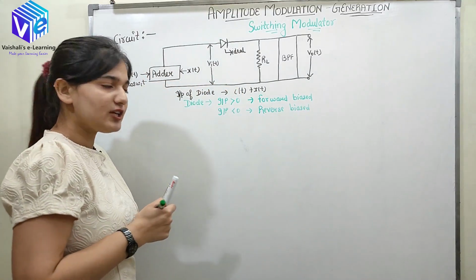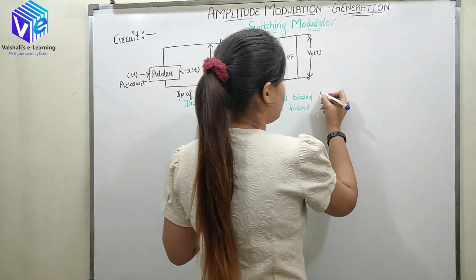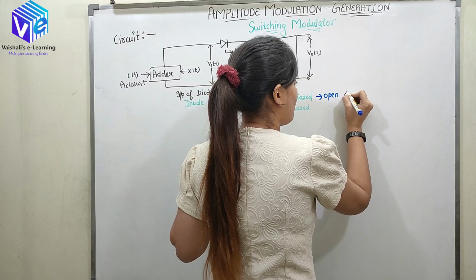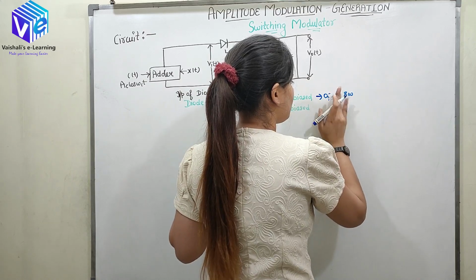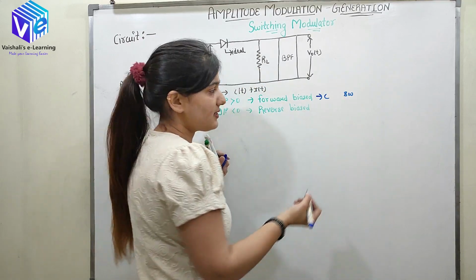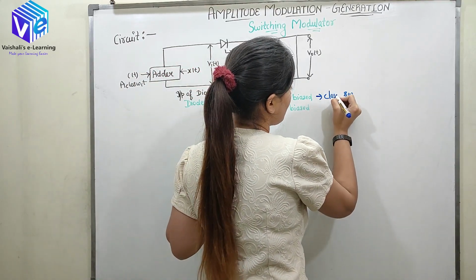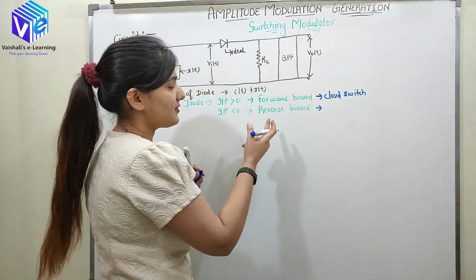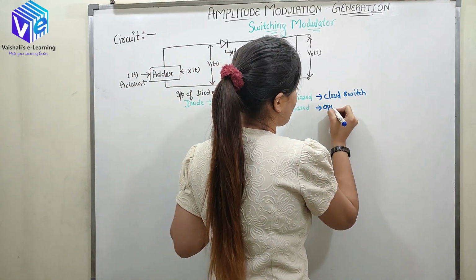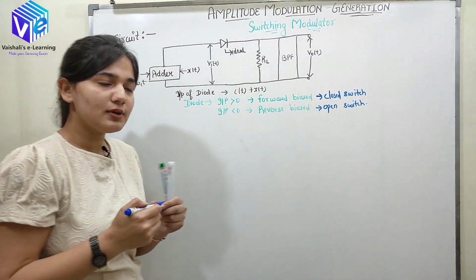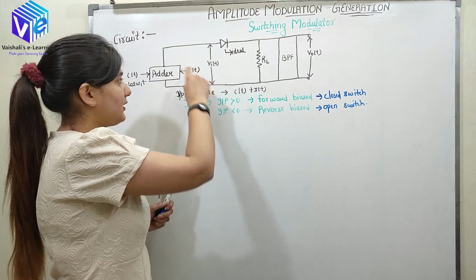When it is forward biased, it has zero resistance and it works as a closed switch. And when it is reverse biased, it is an open switch. So the diode is acting as a switch.